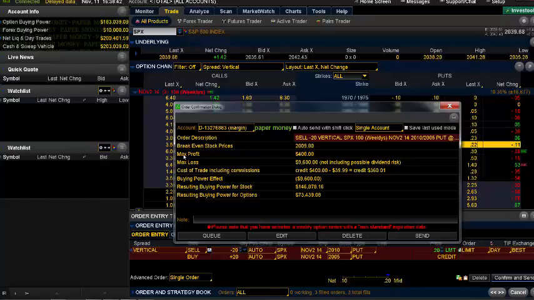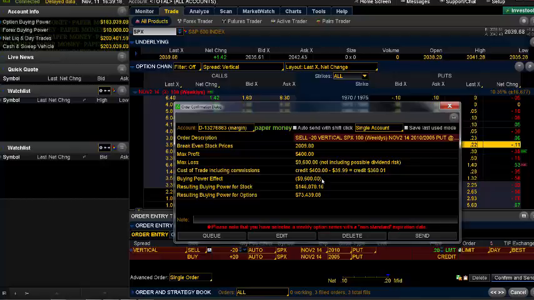The maximum profit that will be deposited in your account when you execute this trade will be $400. The maximum loss is $9,600, not including possible dividend risk. These are index options and there is no dividend, so you can disregard that. The cost of the trade, including the commissions, is $400 minus $39.99 for a net credit of $360.01. The buying power effect is $9,600.